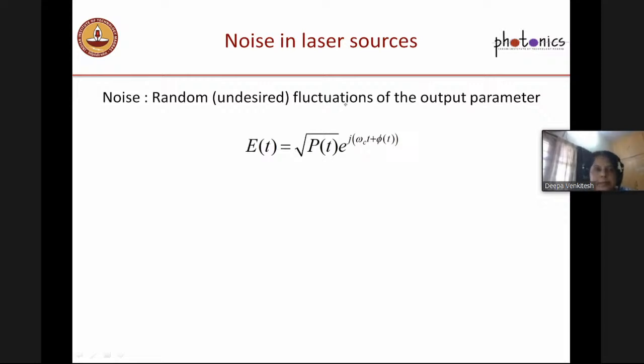Now, how do you quantify the noise in laser sources? Okay, so we need to first quantify, and then we need to see how to measure it. Now, quantifying, we will again rely on mathematics, right? So we define it mathematically, and then we can see how to do a measurement.